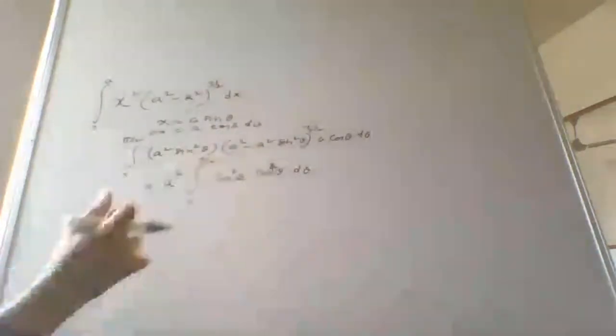Now further, I can write sine square theta as 1 minus cos square theta.